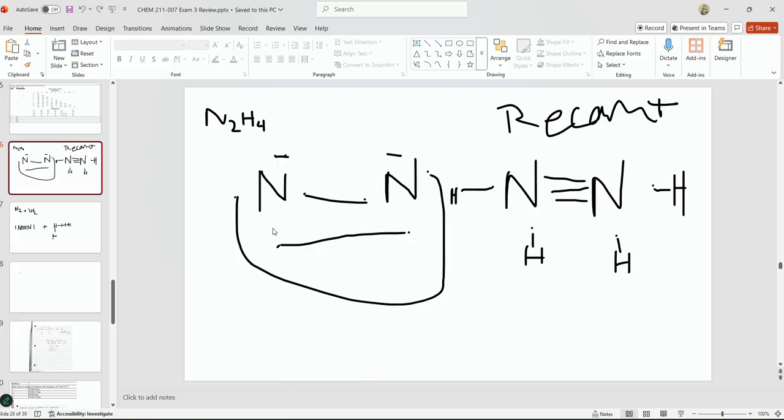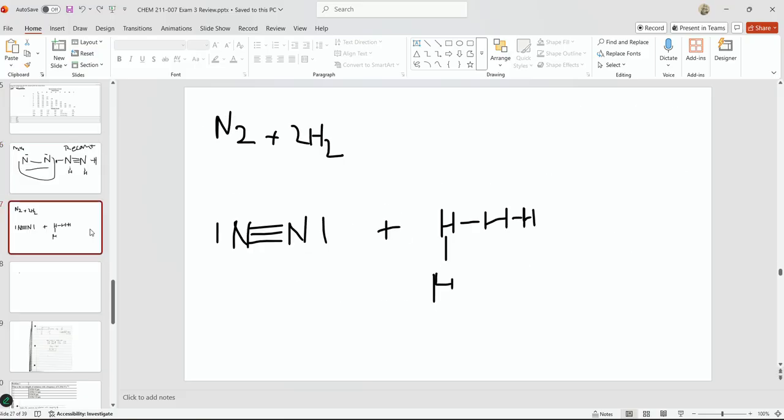So the reactant we have, this will turn into N plus, so bond broken, bond formed.